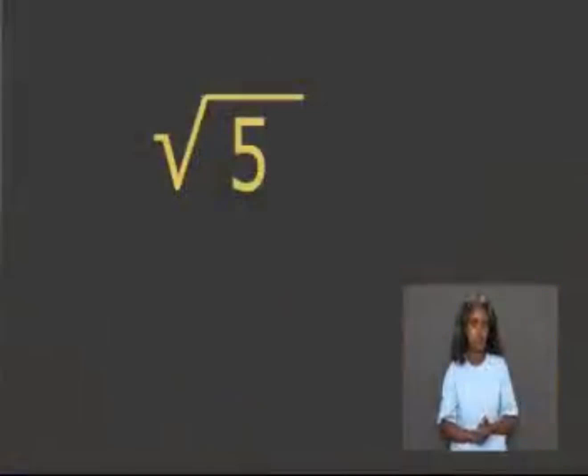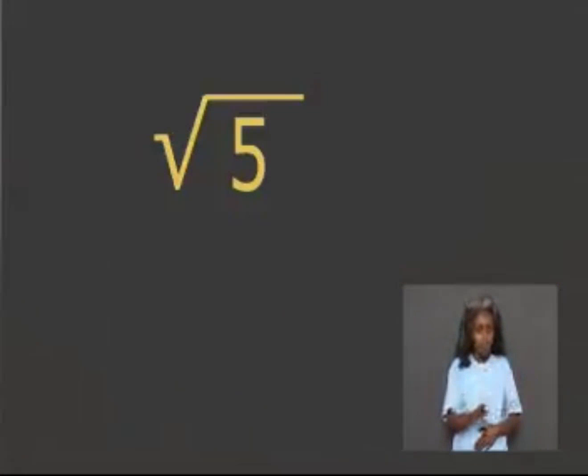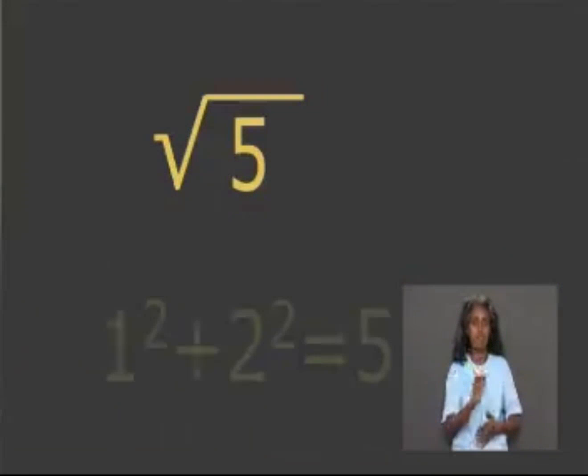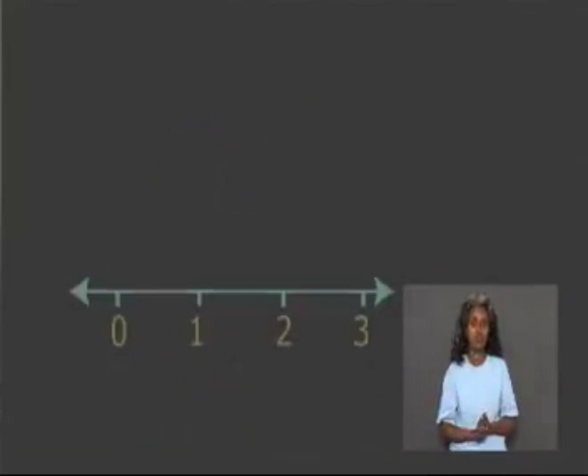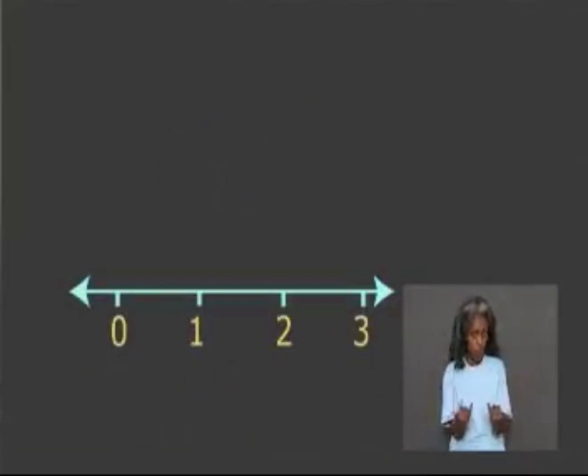We will plot the square root of 5. Our first step is to find two numbers whose squares have a sum of 5. Since 1 squared plus 2 squared equals 5, we will use 1 and 2. Now, we draw a number line.